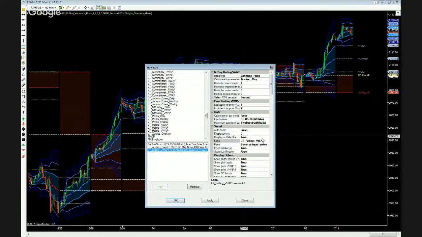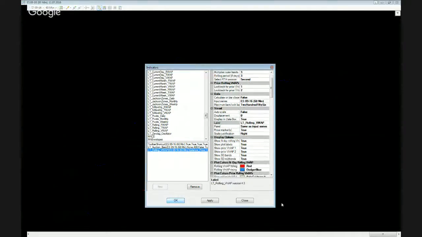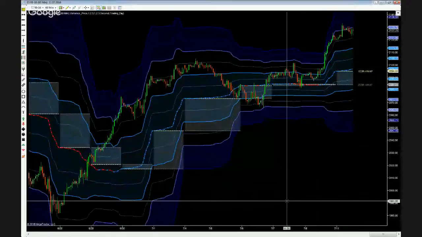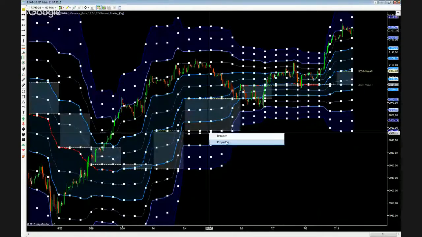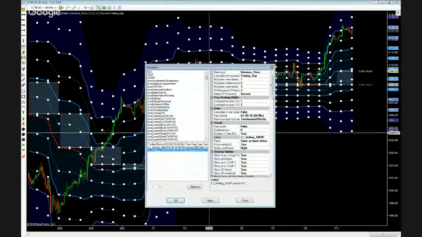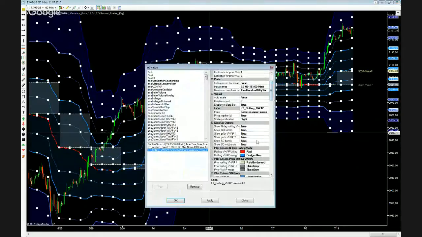We are just simply working with a rolling period of X days. So I have 3 set here as a default, but you can also put 5 or some other number that you want to work with. And we use this to define a value area, a rolling value area. I'm going to take off the mid bands here to make this a little bit easier to read.